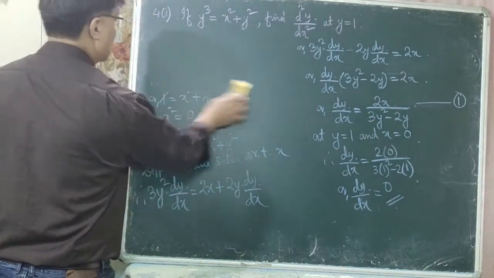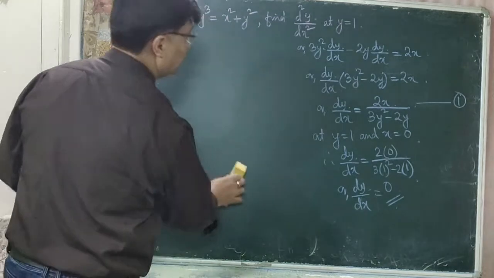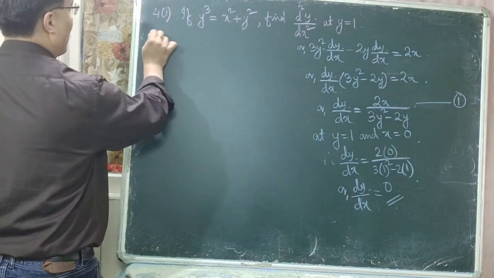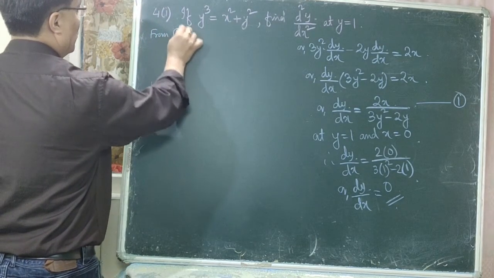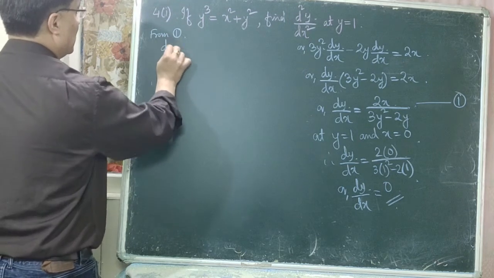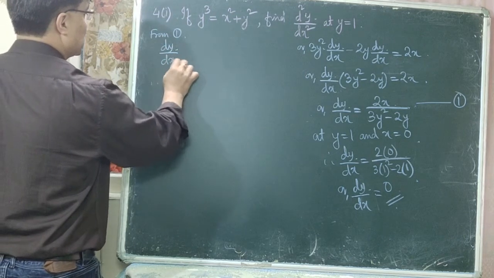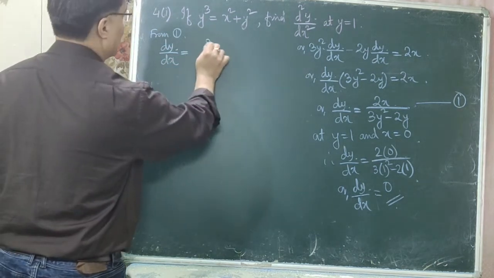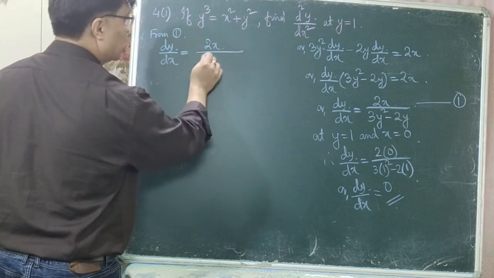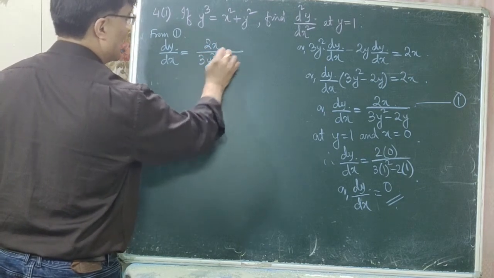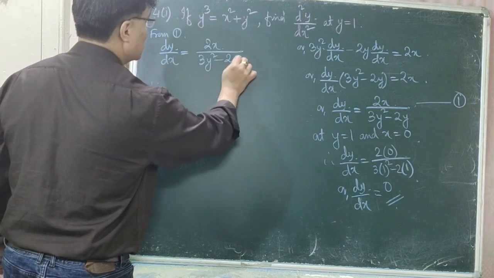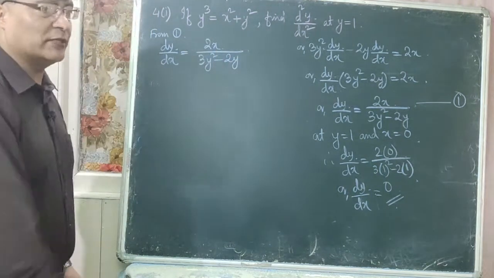So let us write here from 1, what do we have? dy by dx is equal to 2x divided by 3y square minus 2y. Now let's differentiate it.